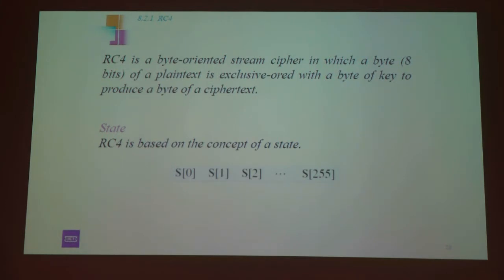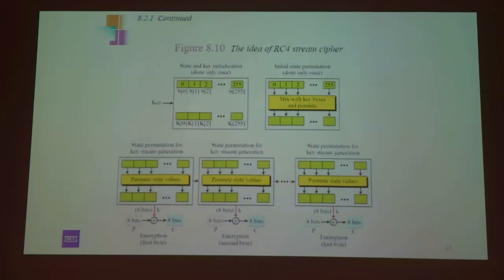Alright, so that's RC4. Basically, you have a state, which ranges from 0 to 255. That means 256 bytes. And this will explain it all, if I can explain it.